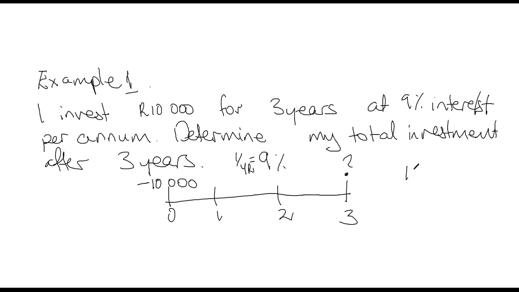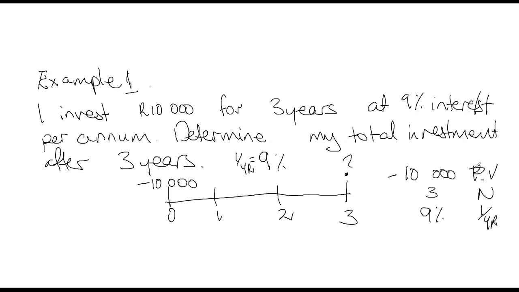So I invest 10,000 Rand. This is my PV. By the way, we always put a PV as a negative. I invest this money for 3 years. So 3 is N. These are the number of intervals. The interest is 9%. That's I over YR.